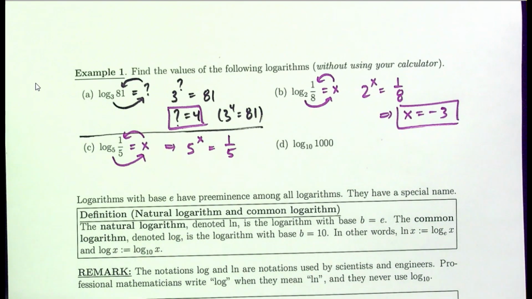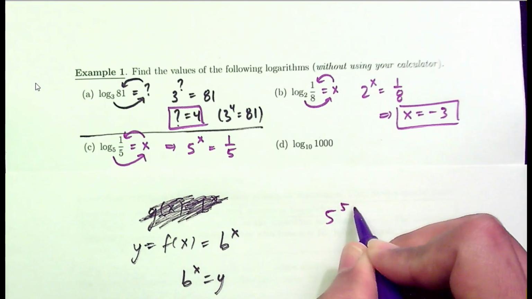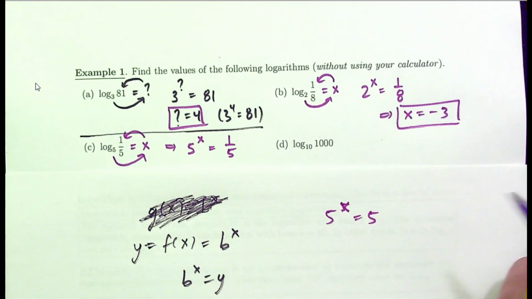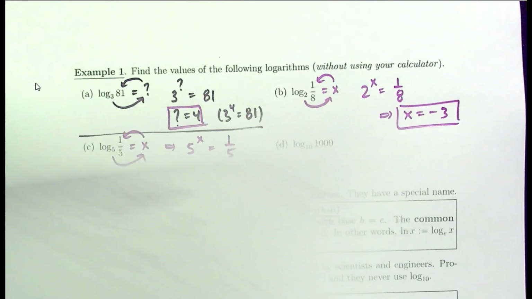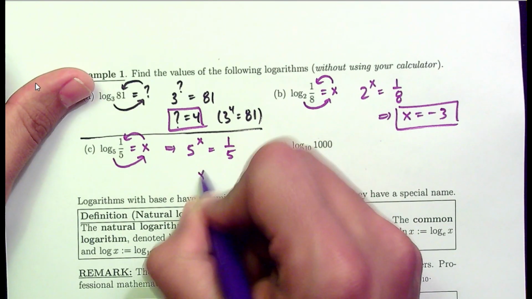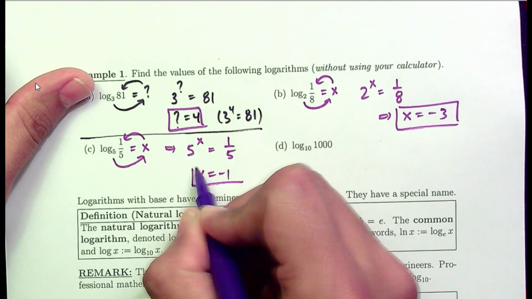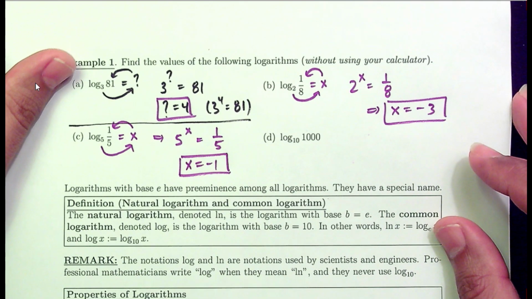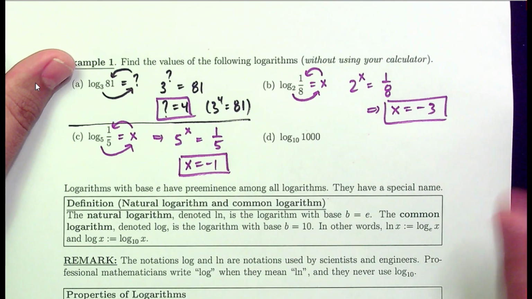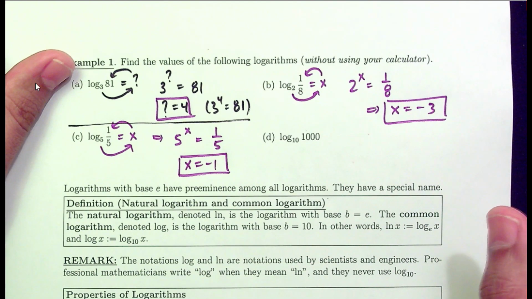If it was 5 to the what equals 5, that would be x equals 1. But it's not 5, it's flipped. So that means x should be negative 1. The whole thing is flipped. So 5 to the negative 1 equals 1 over 5.